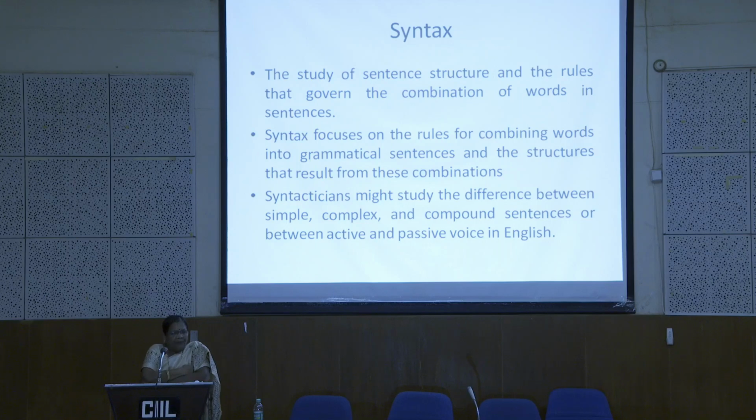We can use the words in a sentence. How can we use the words? Like the word reads. Reads is a word. We can use this in a sentence as Mary reads the book. In other words, the book is readable. So we are using a single word in different contexts.